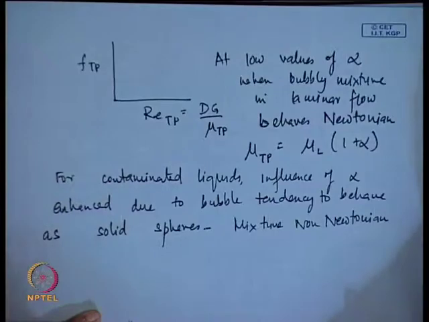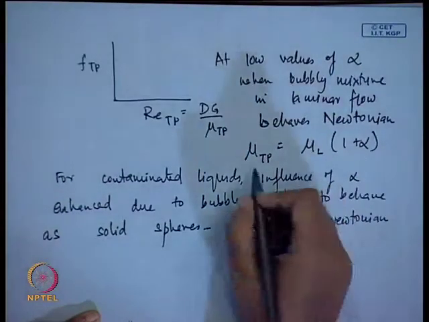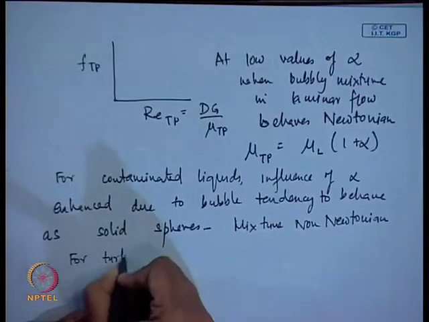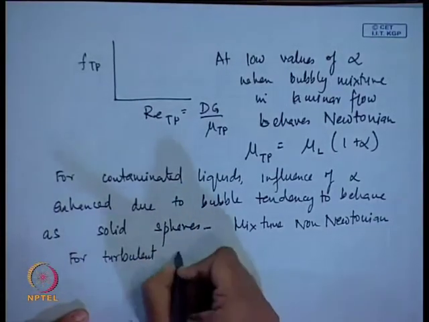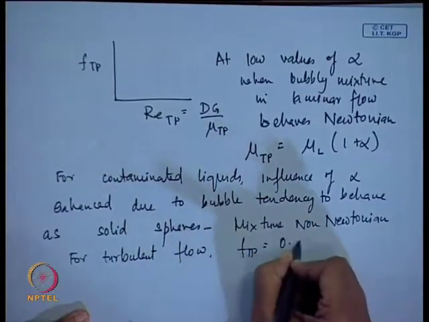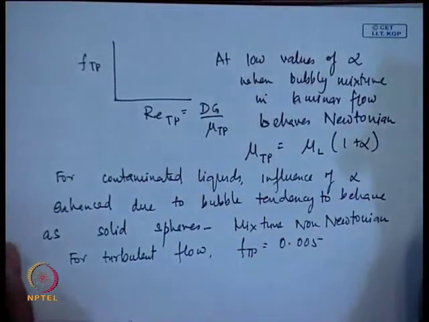Okay. So, therefore, under such circumstances we cannot use mu_TP. For turbulent flow, which usually happens when the liquid is contaminated and the bubble concentration is very high, F_TP can be taken as a constant value of 0.005. This is a good approximation.